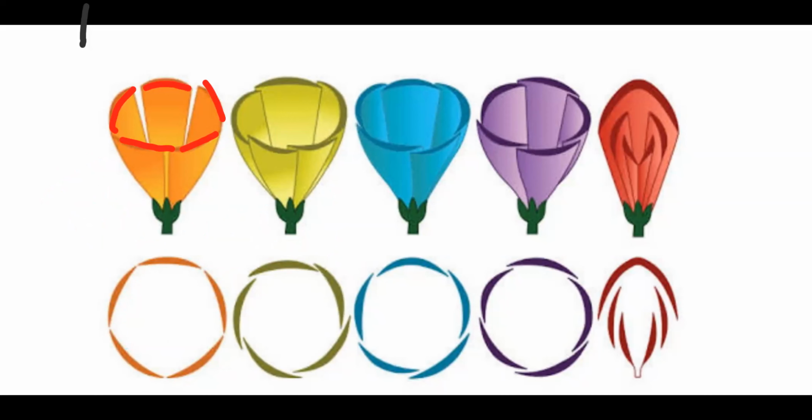Twisted estivation, in that again suppose 5 components are there, 5 sepals or 5 petals, right? So this is the one sepal. Consider the first sepal. One end we call outer, the other end here we call inner. Why inner?